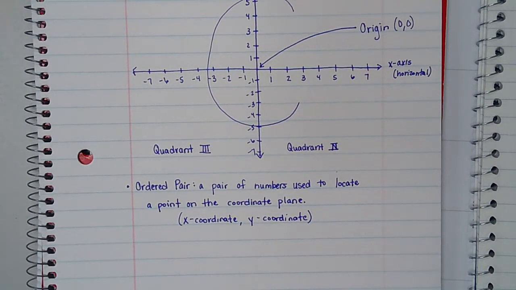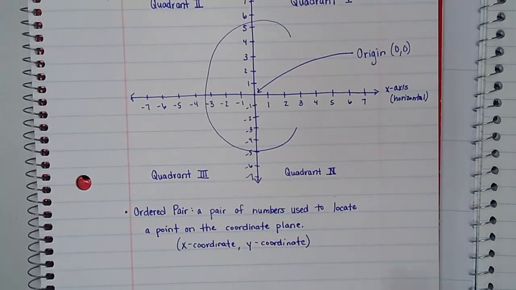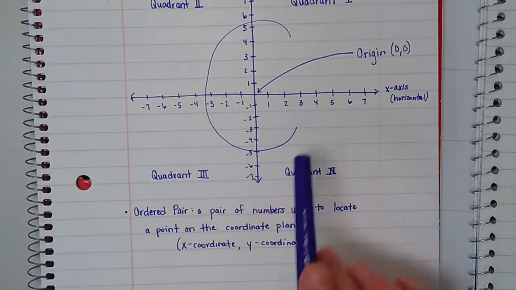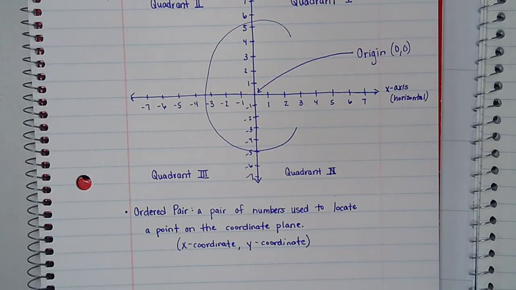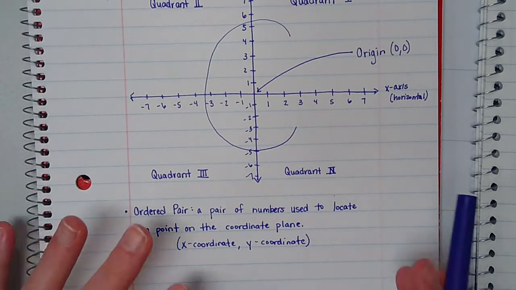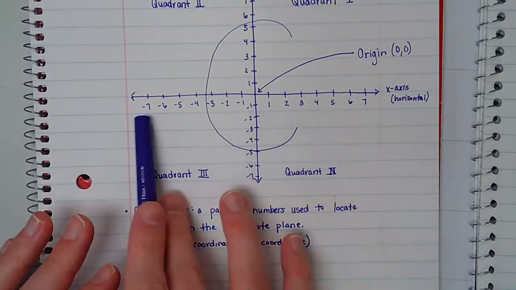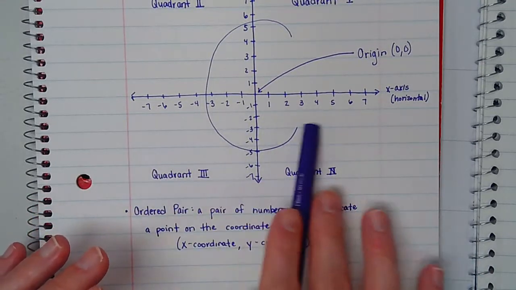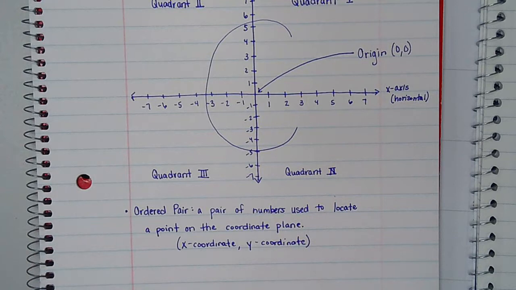All right, and that's important because remember, the x-axis is this horizontal line right here. So that tells you when you're moving that you have to move horizontally first. X comes first, just like in the alphabet. So you have to move side to side before you can move up or down. And how I like to remind kids is, think about a baby.